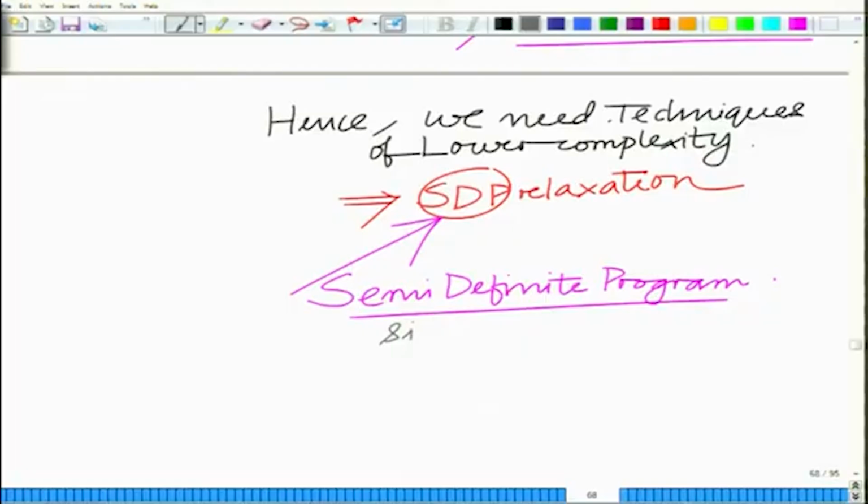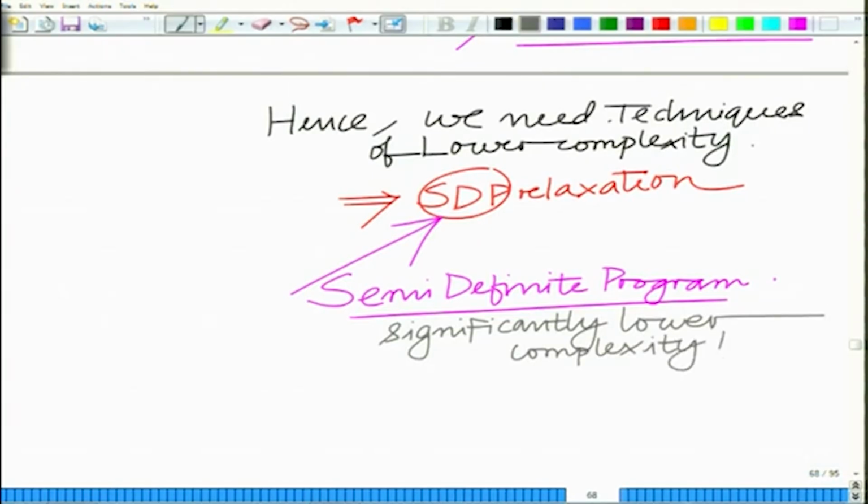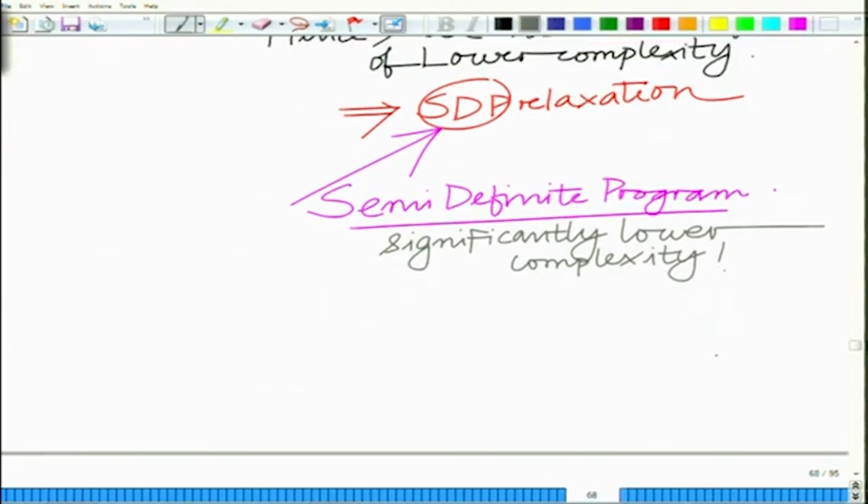This is the SDP relaxation for the MIMO ML decoder, which is very useful for practical implementation.